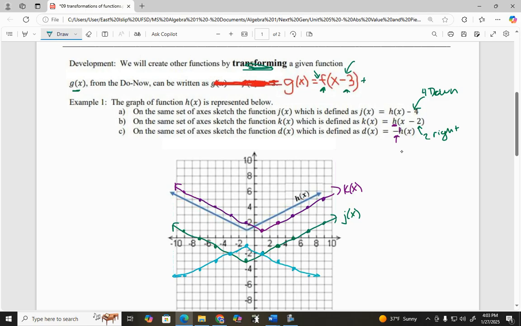And this is d of x. So a negative flips it over the x-axis, right? It makes it open down instead of opening up.